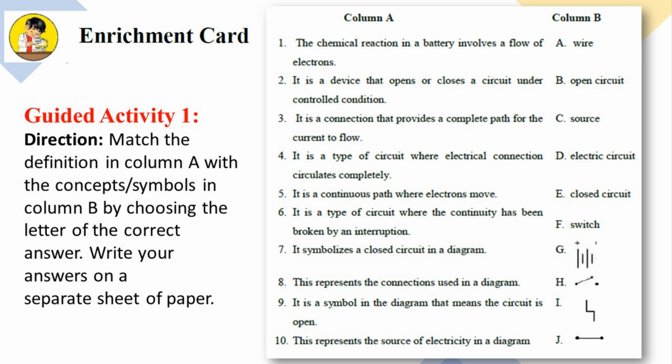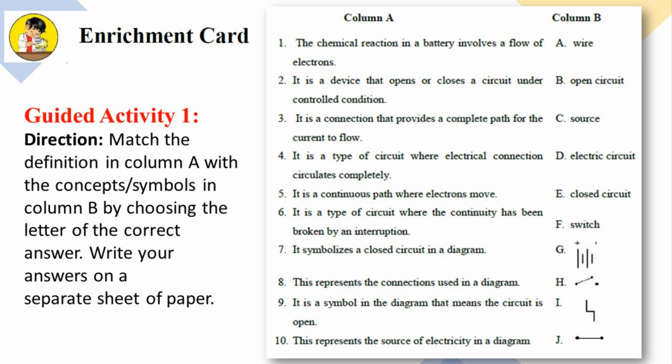It is a connection that provides a complete path for the current to flow. 4. It is a type of circuit where electrical connection circulates completely. 5. It is a continuous path where electrons move. 6. It is a type of circuit where the continuity has been broken by an interruption.